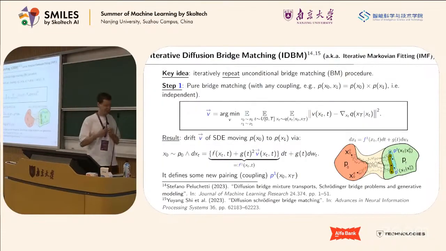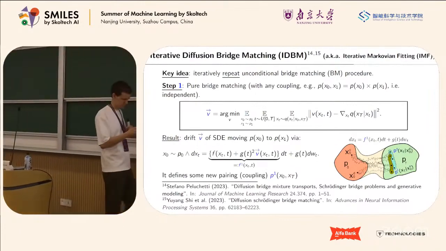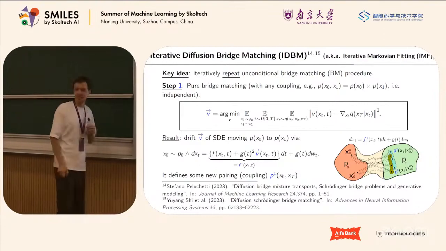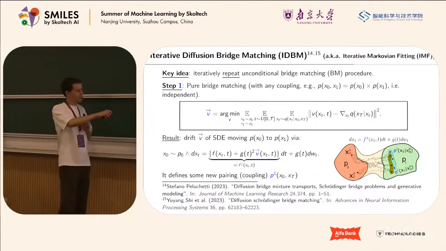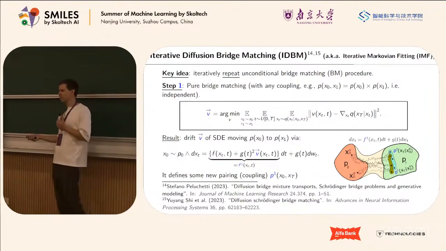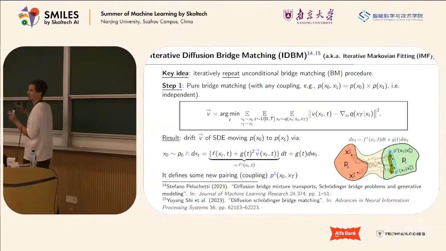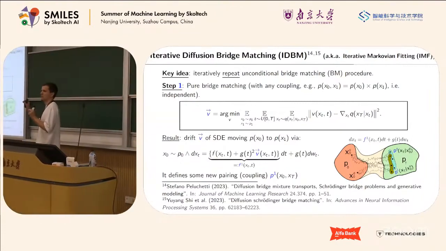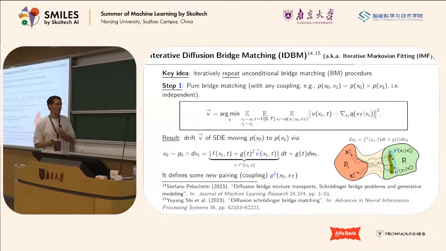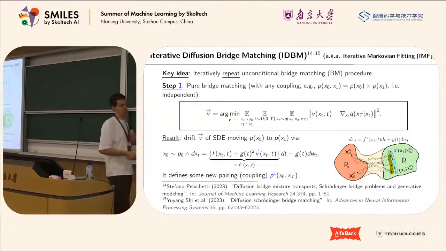How does it work? Suppose that you have your data distributions, P0 and PT in this case. You train your initial bridge matching model using some independent coupling of data. So you randomly sample input samples and target samples, and you learn the drift of your Markovian projection.